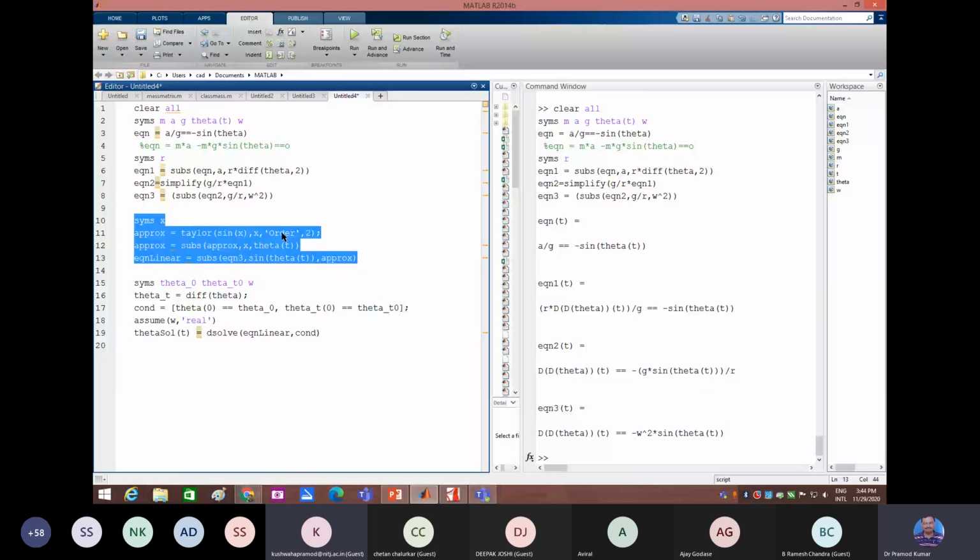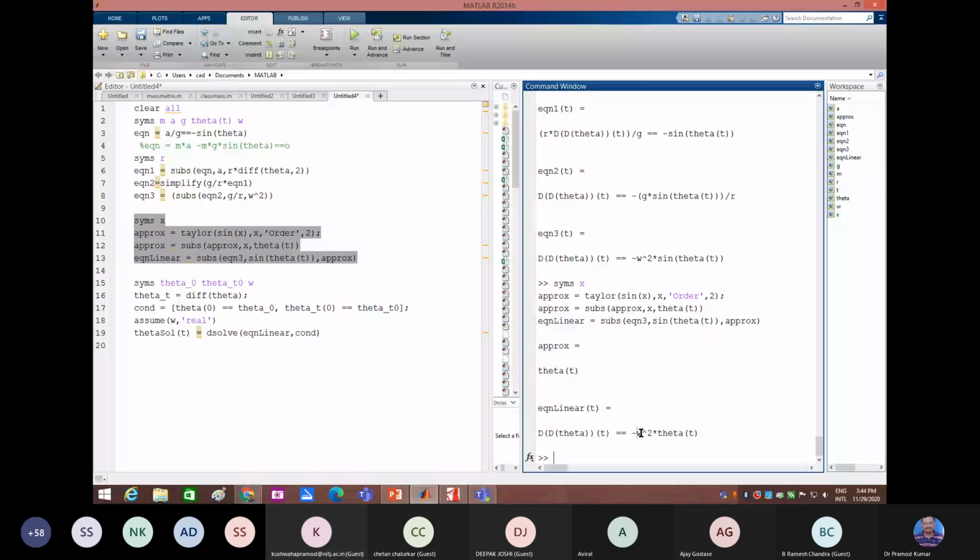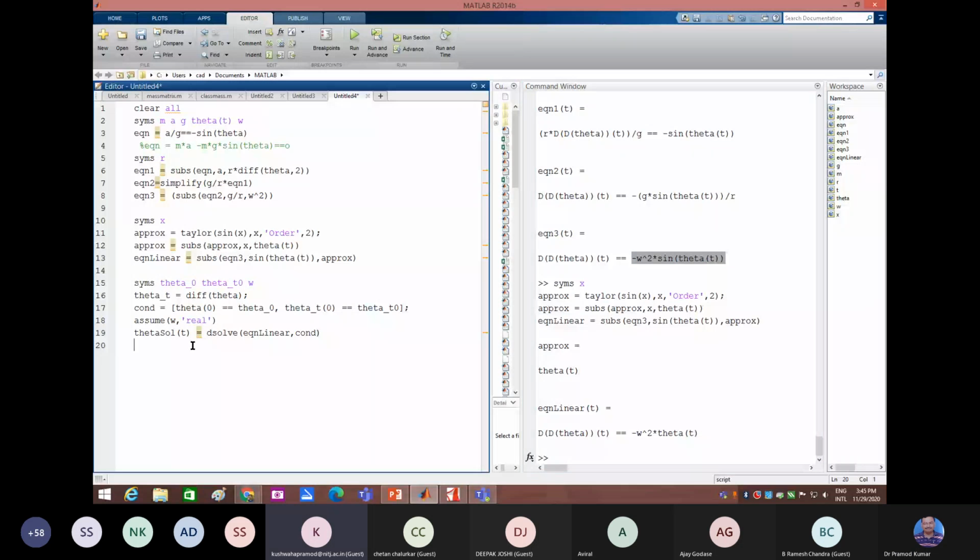Okay. Now omega square theta t. Earlier we had sin theta t. Now sin theta is approximated with theta by substitution, and then put the boundary conditions here, and then theta solution we will get out of this.